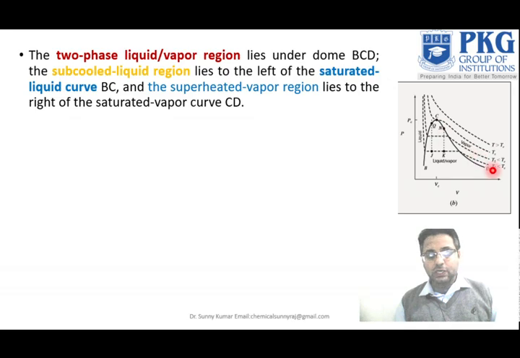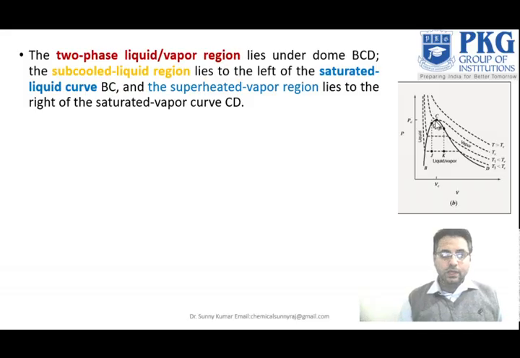So this is the saturated vapor region, and here is the saturated liquid curve. This is for liquid and this is for vapor. Here it is the superheated vapor region.